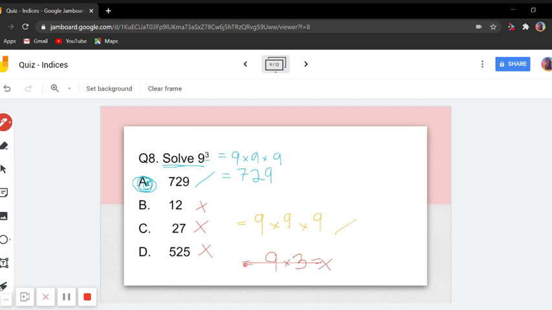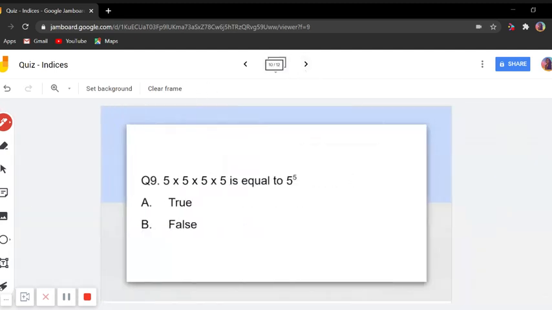Alright, let's go to question number 9. 5 multiplied by 5 multiplied by 5 multiplied by 5 is equal to 5 to the power of 5. Let's check whether it is true or false. Okay, the base number here is 5. This is correct.